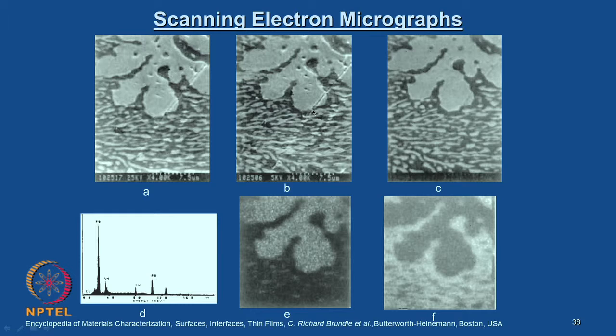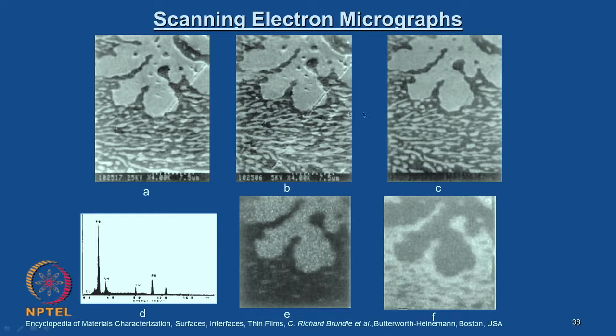You see that these two, even though they are obtained using secondary electron signals, have a small difference. And also you see that this scratch is not at all visible as clearly as in the micrographs obtained by secondary electron signals.